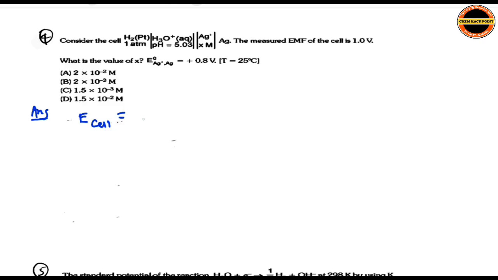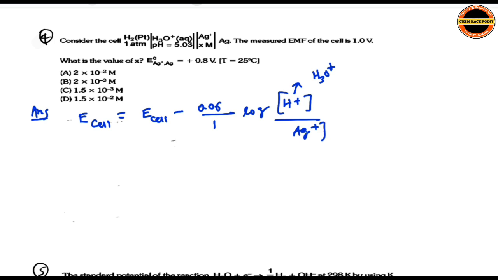E cell is equal to E naught cell minus 0.06 by 1 log, here the H plus ion concentration, also referred to as H3O plus, by the concentration of Ag plus.